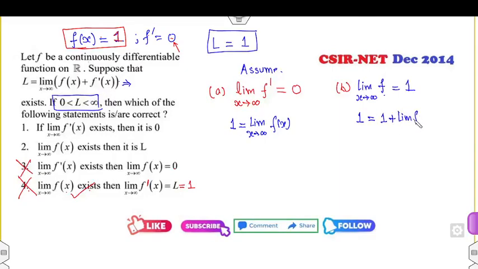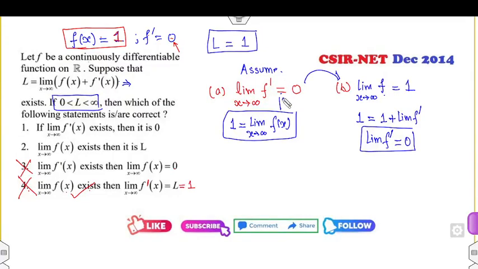Then the limit of f dash is 0. What do you conclude from these two cases? If this happens, then this implies that term, and if that happens, this implies this. So this is both if and only if. That means both are correct options of this problem.